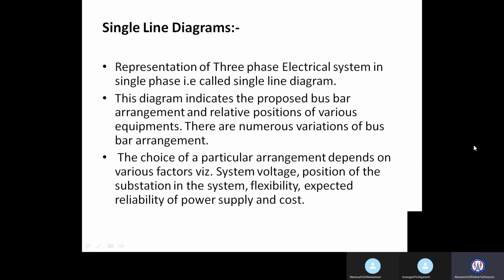Now the question is, what does a single line diagram actually represent? It represents an overview of your electrical system.